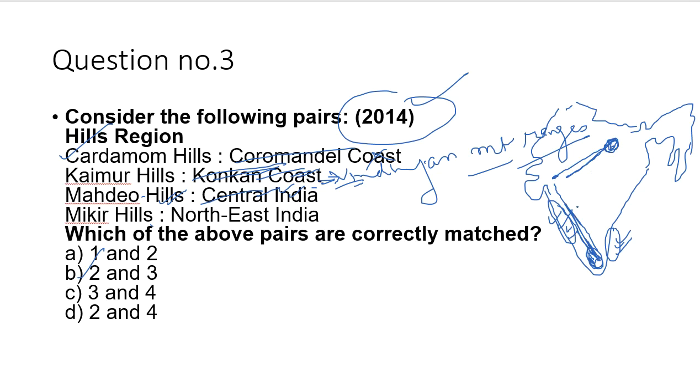Now comes option number 3, Mahadev Hills. The Satpura ranges are here in central India, and they end up like this at the Amarkantak plateau. In the Satpura ranges, one of the hills is the Mahadev Hills here.